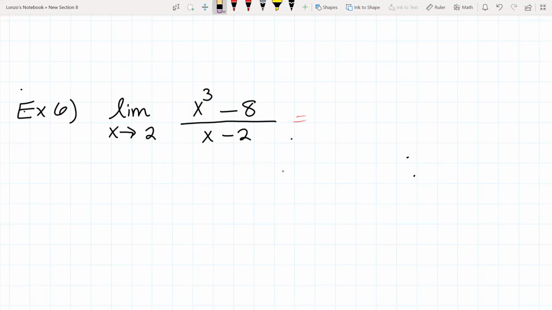We can't multiply top and bottom by a rational function, or rationalize the denominator. But what I would do is simplify the numerator. X cubed minus 8 can be factored, right? It's related to this rule.